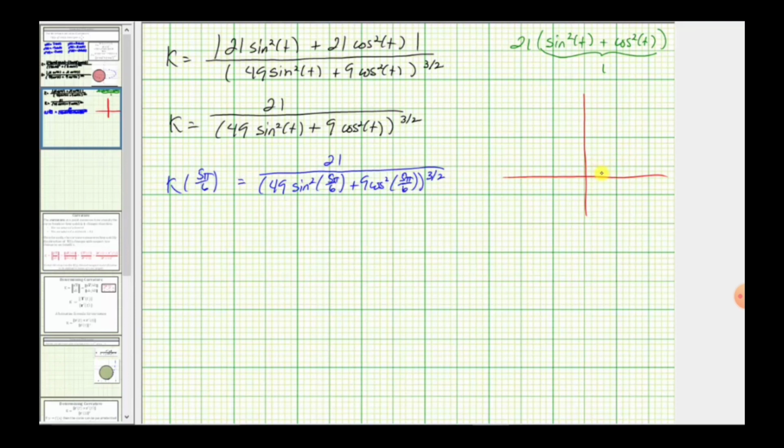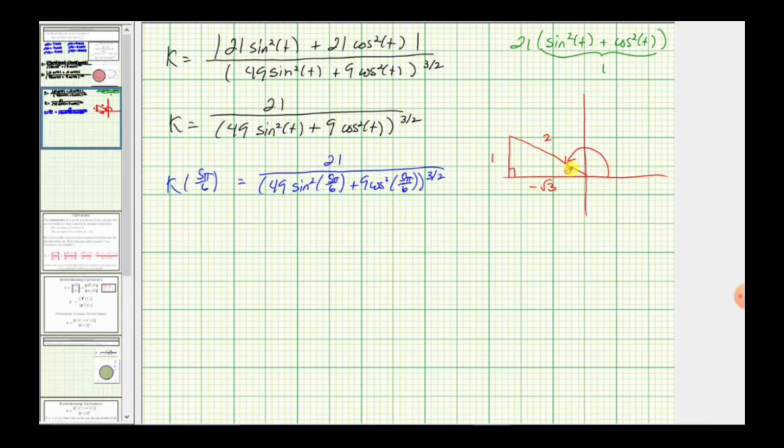5 pi over 6 would be this angle here in standard position, where the reference angle is pi over 6 radians or 30 degrees, and therefore we can label the opposite side 1, the hypotenuse 2, and the long leg square root 3. But because we're in the second quadrant, where x is negative, this would be negative square root 3.